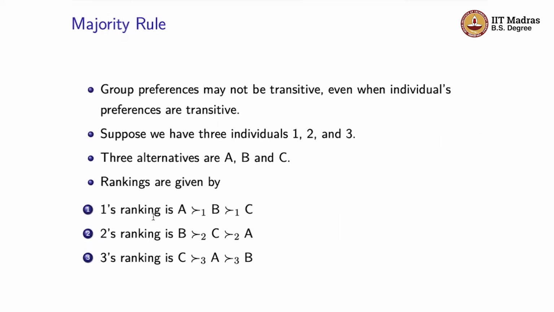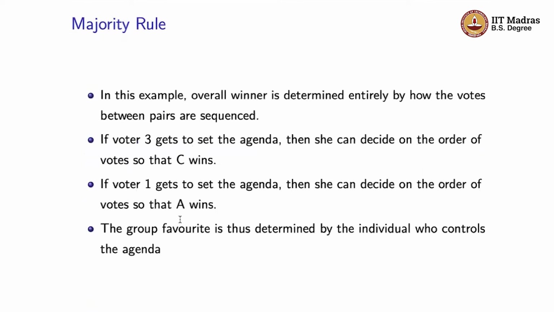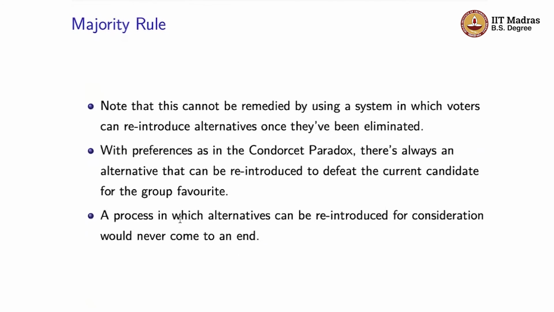Whereas if you had the agenda setter who wanted A to win, then she would have had, for example, B versus C first, and then face off with A, right? So this is the sort of issue that emerges, and therefore the group favorite is pretty much determined by the individual who controls the agenda, right? So this is a major issue there, right?